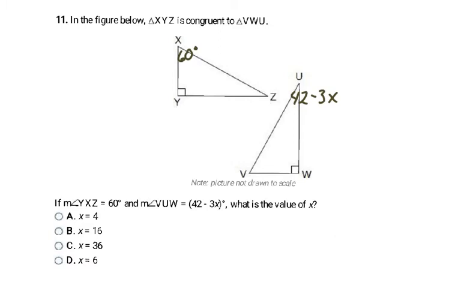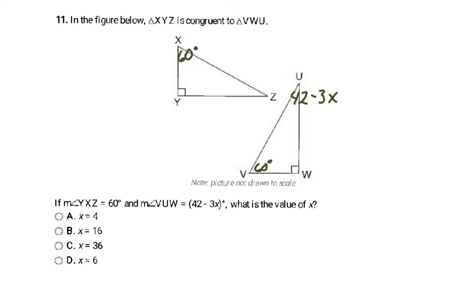Okay, so here I know all the angles of a triangle add to 180 degrees. So if I could figure out what V is, then I could set up an equation. Well, V is the same as X because they're both the first letters in the congruent statement, and X is 60. So I know V is also 60 since they're congruent triangles.